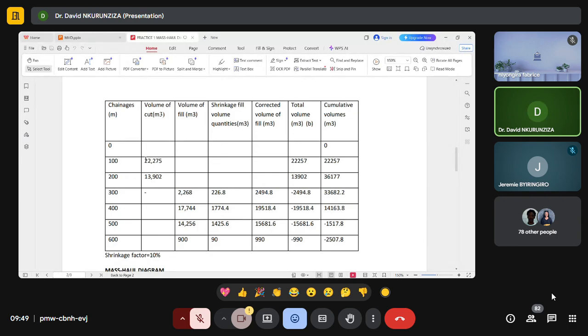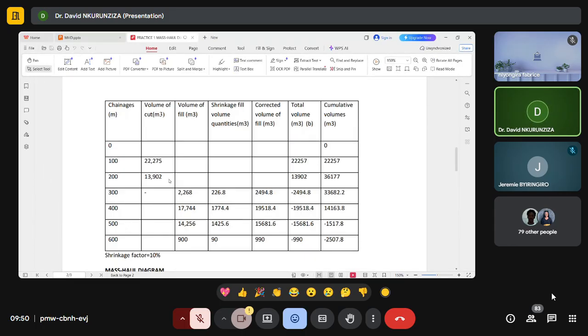So we are cutting the soil. That's why the cumulative volume will be 22,275. Sorry, I think there was a mistake here: he wrote 22,257, so he interchanged these values. But this value is supposed to be here.